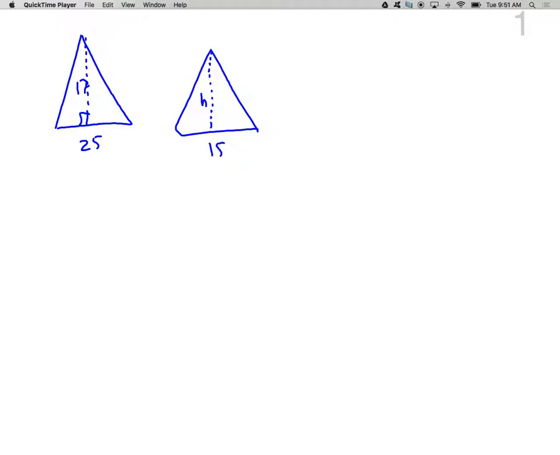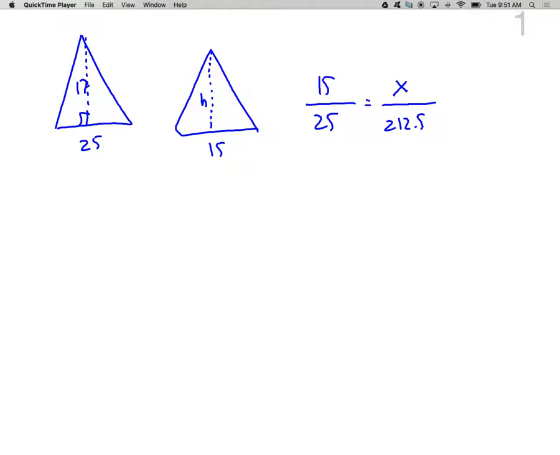And you said then set up a proportion of 15 over 25 is equal to the area of that triangle, 212.5, and use that to find the area of the other triangle.